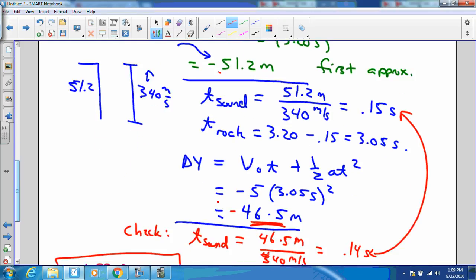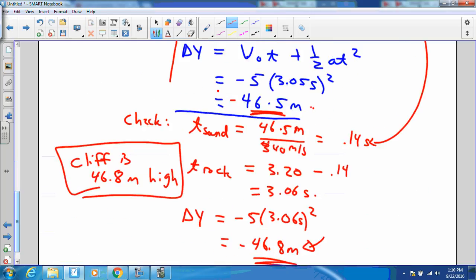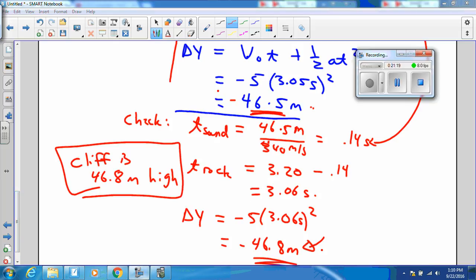And do your computation. And if you need a little bit of refinement based on that, then you can take your first draft answer and create a second draft answer as we did. Notice that the difference between our first and second drafts was almost 5 meters. So that's a real difference. But our difference between our second and our third was only 0.3 meters, which is not very much difference at all.